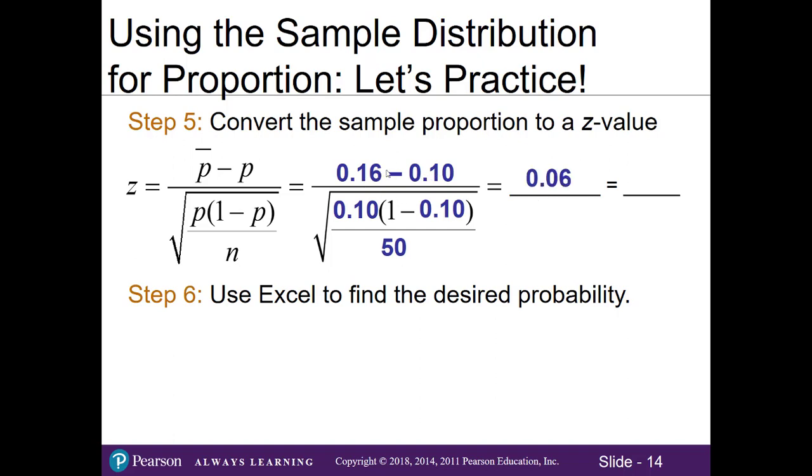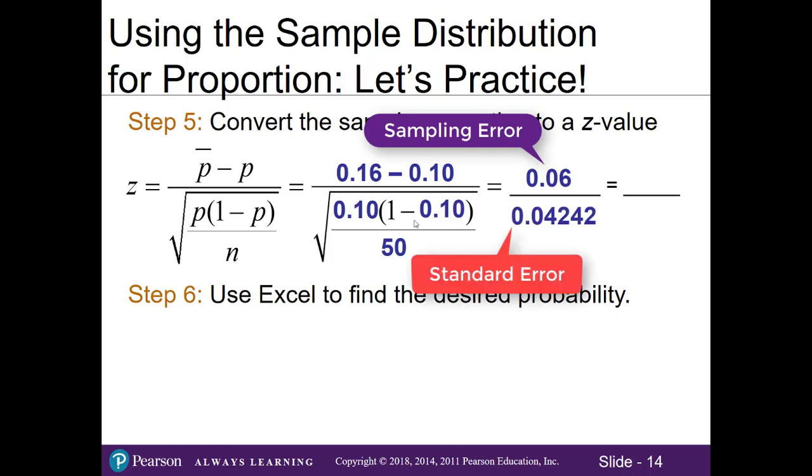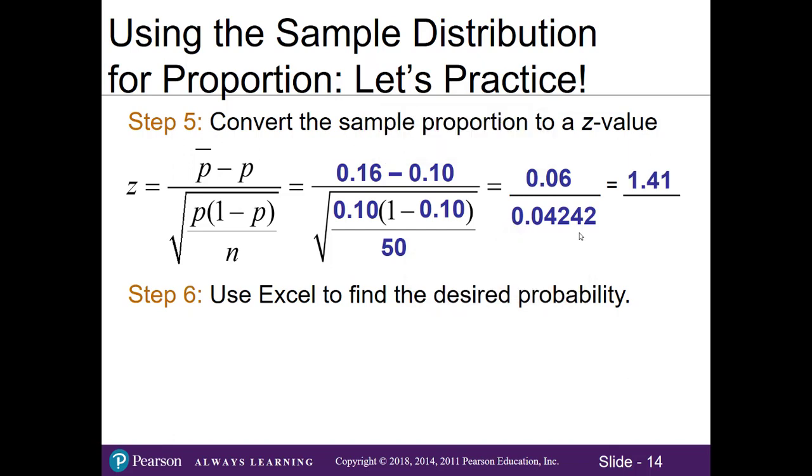I will first subtract our sample proportion by the population proportion to get our sampling error of 0.06, and then I will solve our standard error and get 0.04242. Now I will then divide our sampling error by our standard error, and that'll give us a z-value of 1.41.